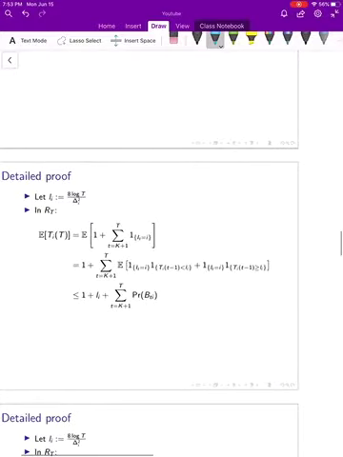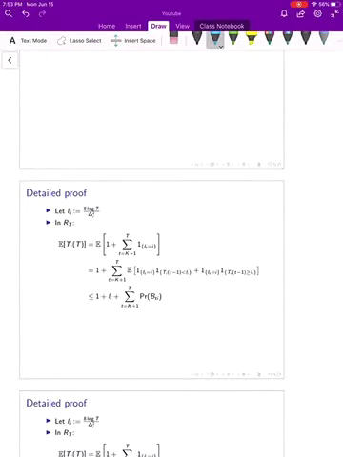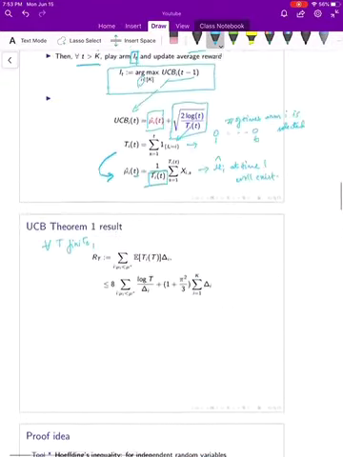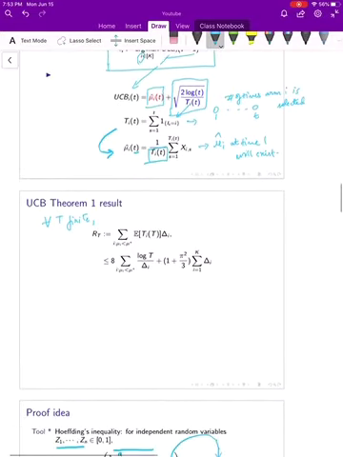So let me define a constant Li to be this thing. Oh yeah, I didn't explain how this definition came into picture. This is a simple derivation from the earlier version of RT.